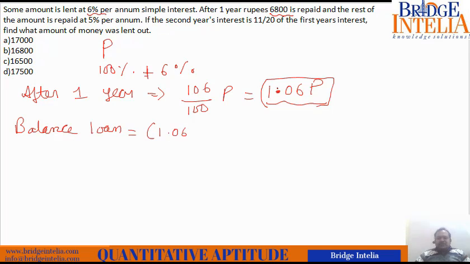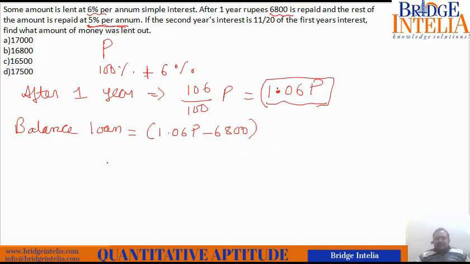1.06P minus 6,800. So this is the balance loan. So in the next year, you have to pay interest at the rate of 5% only. Fine.